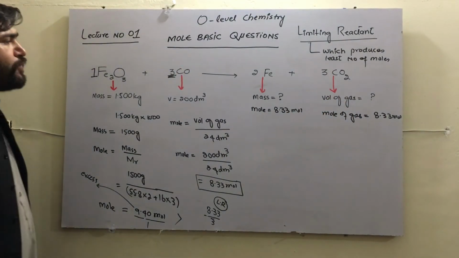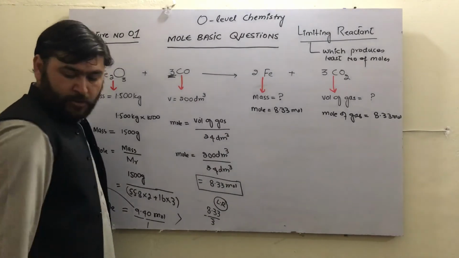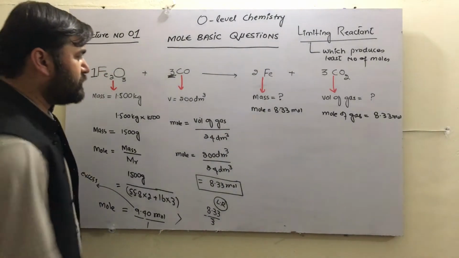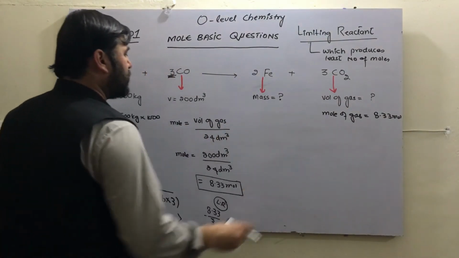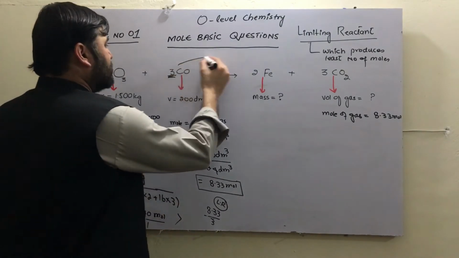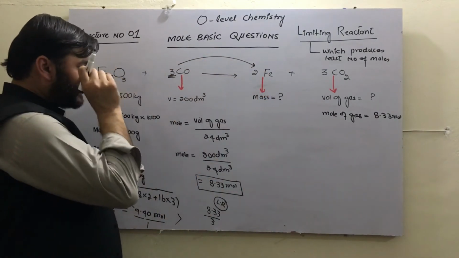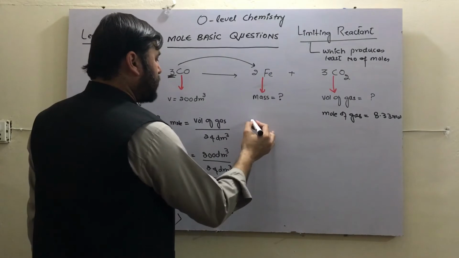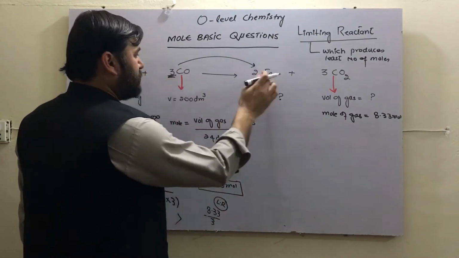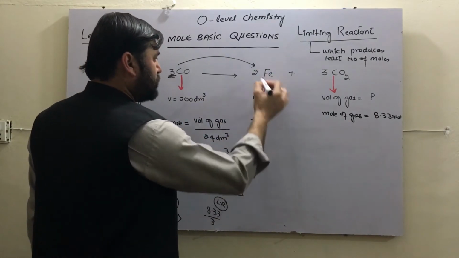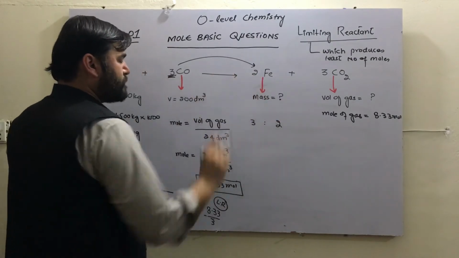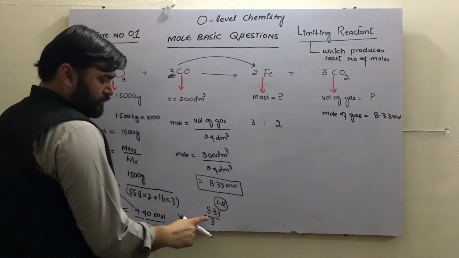So we are going to find the mole of this one. So here the best way, if this is not the answer, if it's not the best one, now compare it. Compare this with this, so you will find the best answer. Like we have carbon monoxide with 3 moles and iron with ratio 3:2, and it has the number of moles.